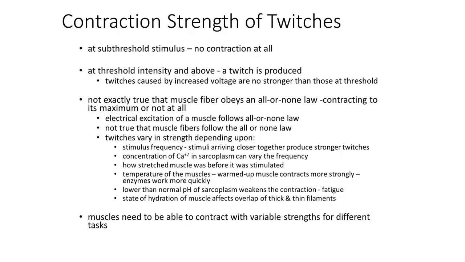A lower than normal pH in the sarcoplasm will weaken a contraction and cause fatigue. And hydration of muscles can affect the overlapping of the thin and thick filaments.